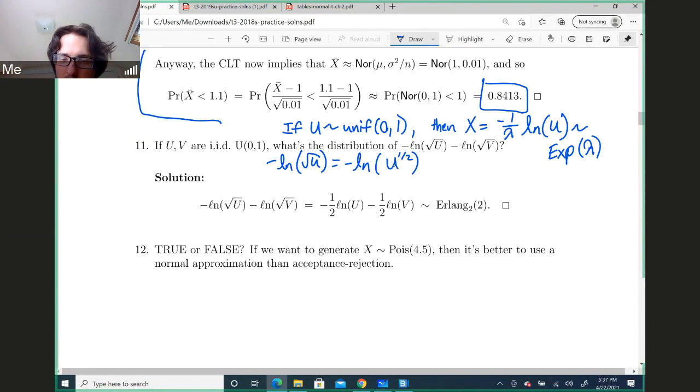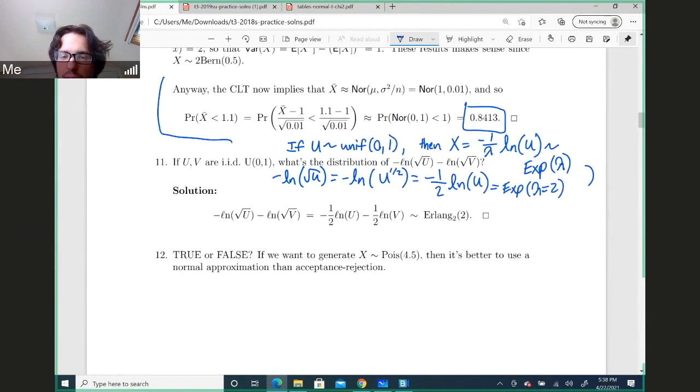And anytime you have something to an exponent inside of the natural log, you can bring the exponent up front. And so it's negative 1 over 2 natural log of U. At this point, you can see that this fits our pattern exactly. So we have lambda equals 2, and this is an exponential variable with lambda equal to 2.